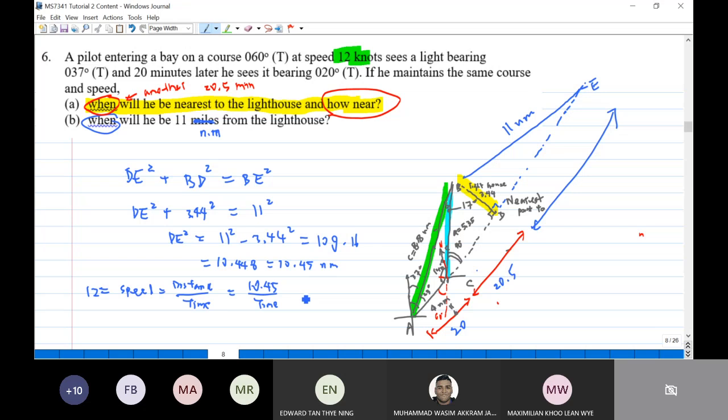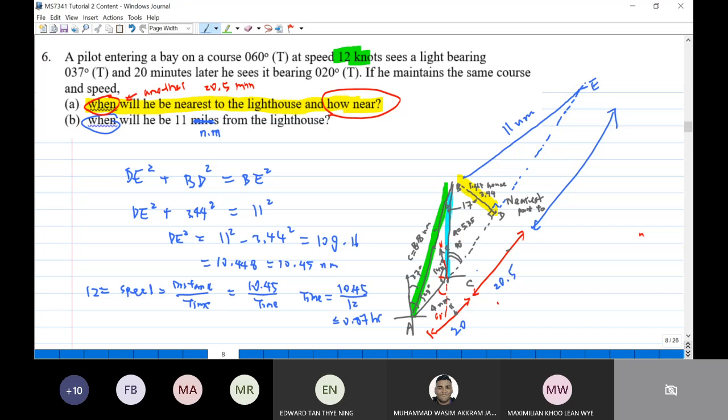So that will give you time equal to 10.45 over 12. Let's see what this is. 10.45 divided by 12. Then you find out it is 0.87 hours.